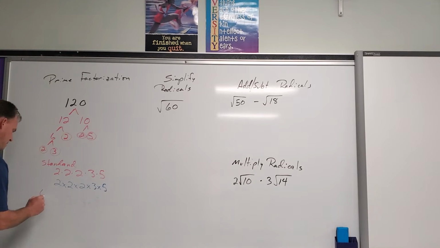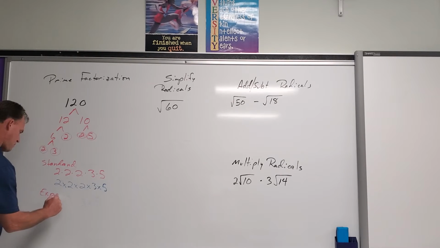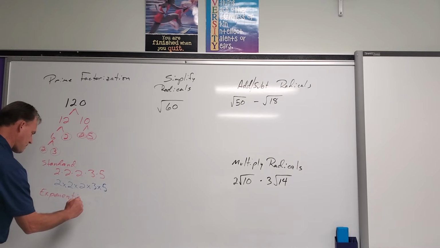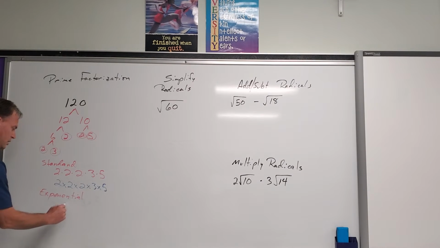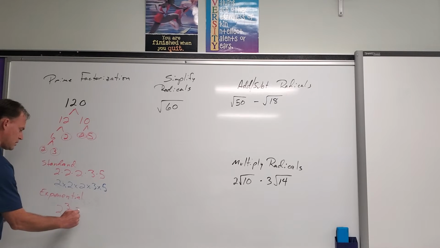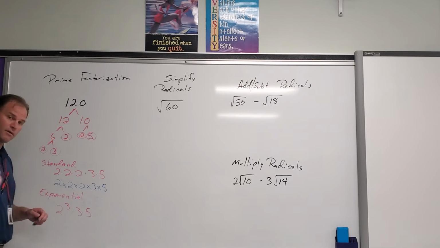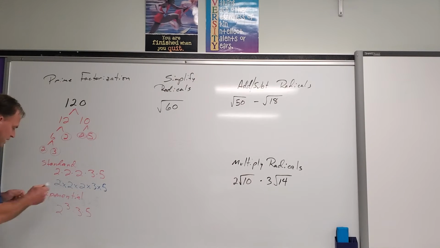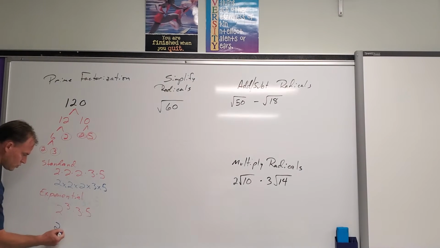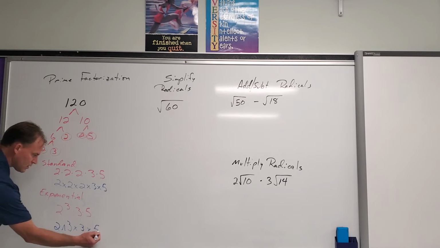Exponential form is when you write it with the exponents. So again, on the board, it would be 2 to the 3rd times 3 times 5. On Classroom, because we can't do the exponents, we would write 2 to the 3rd times 3 times 5.